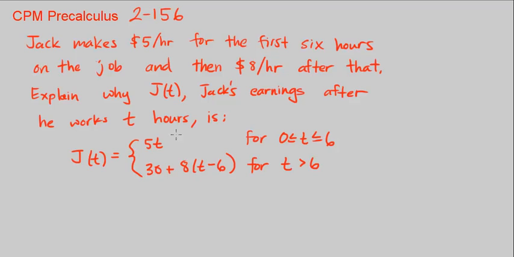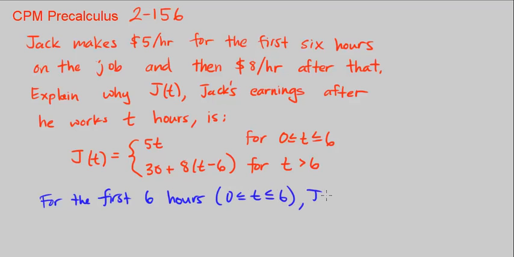Alright, so the first piece is direct, right? We know for the first 6 hours, which is the region here, 0 less than t less than or equal to 6, Jack makes $5 an hour, which is 5 times t, right?